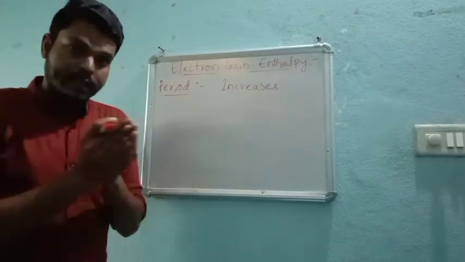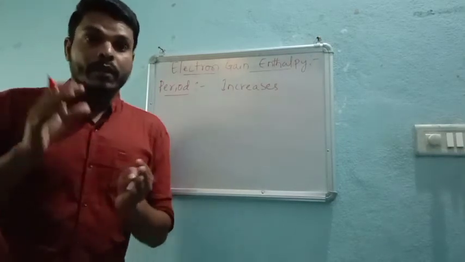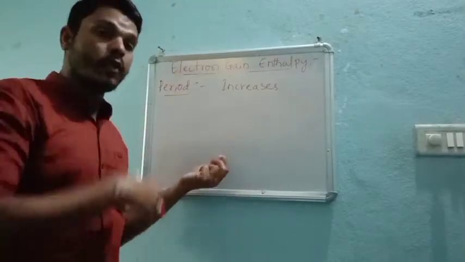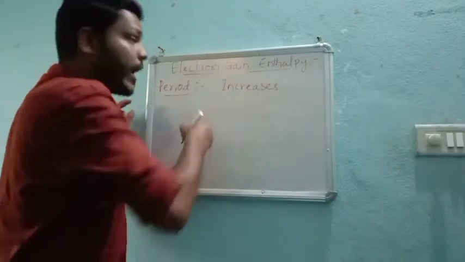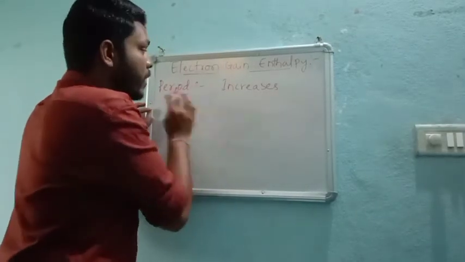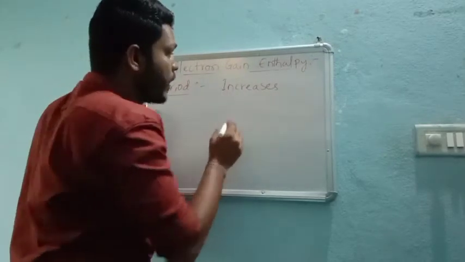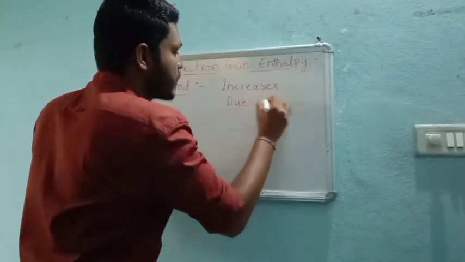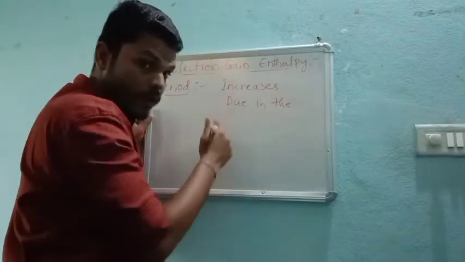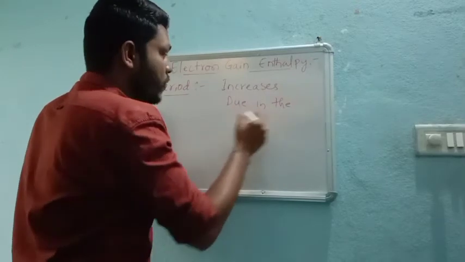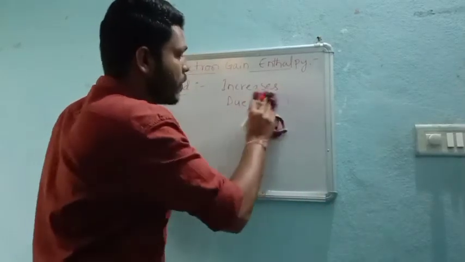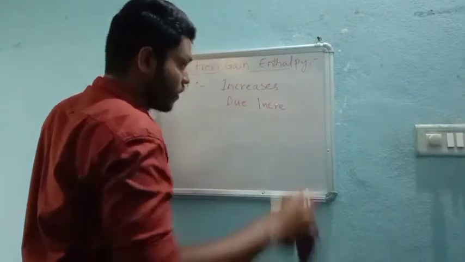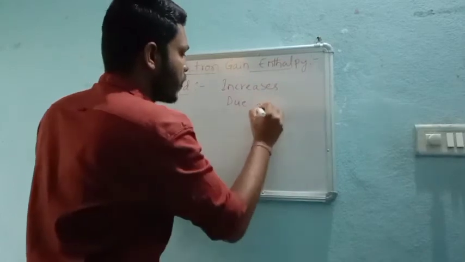As the atomic size decreases, the electrons are very hard to remove or very hard to gain. So in a period, the electron gain enthalpy always increases due to the decrease in atomic radius, the same character as we saw in the case of ionization energy.